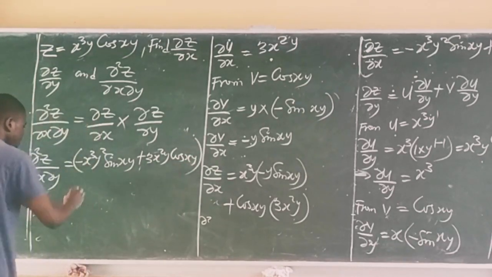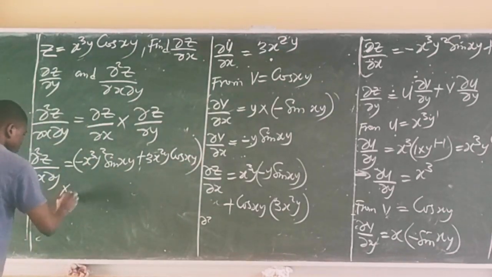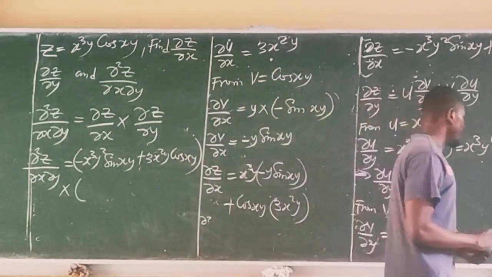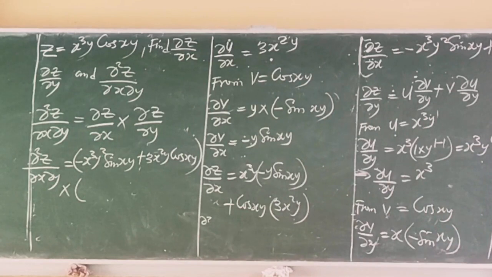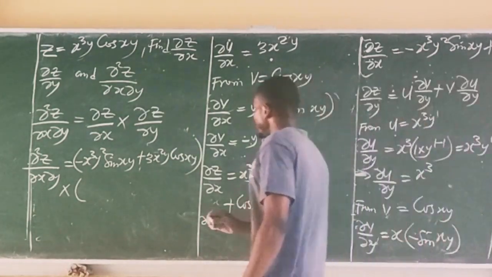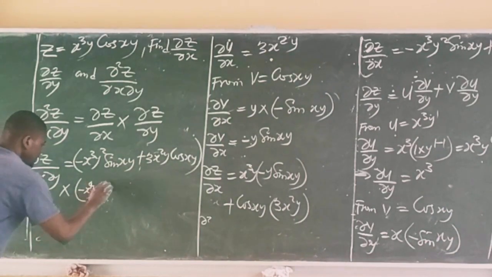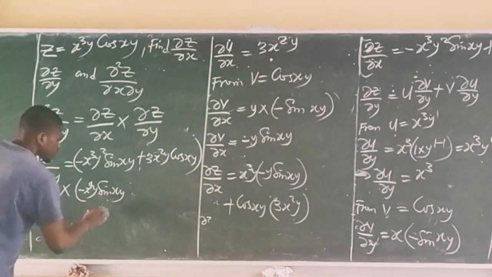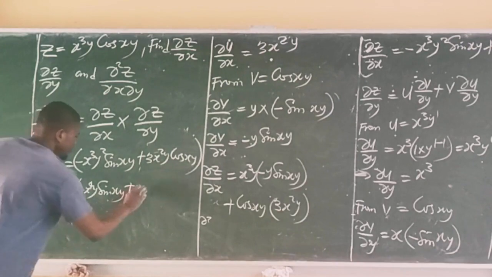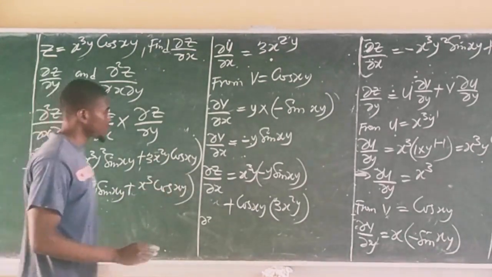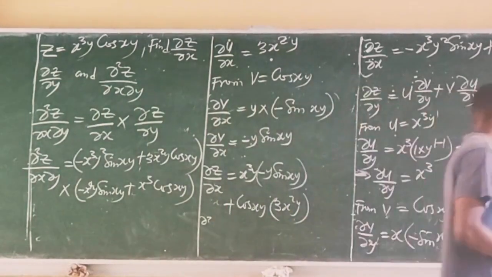Okay, all of this multiplied by partial z, partial y, which gives us minus x to the 4 y sine xy plus x cubed cos xy. Yes, it's correct.